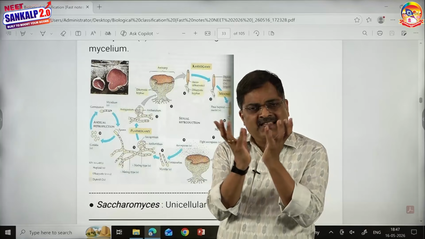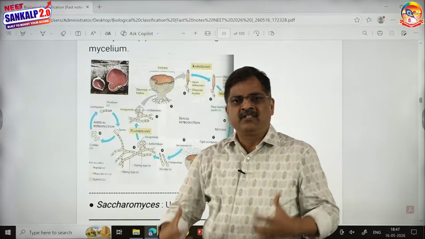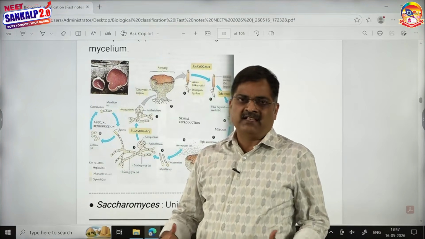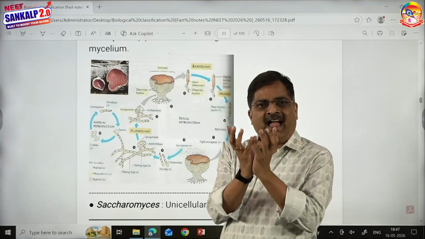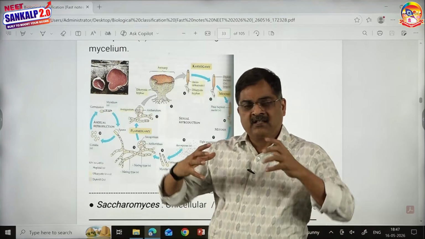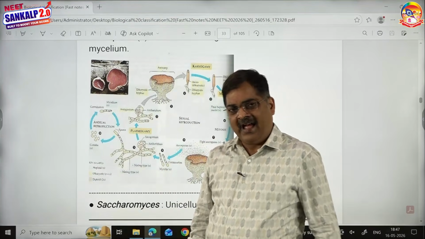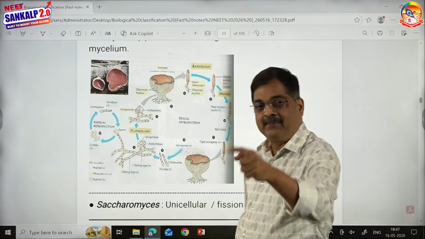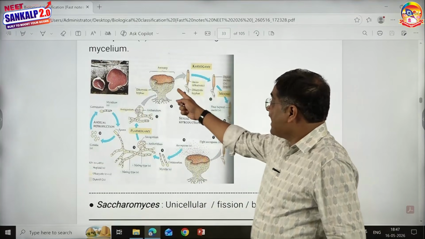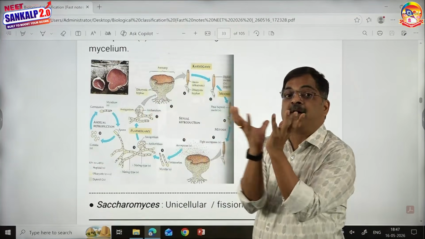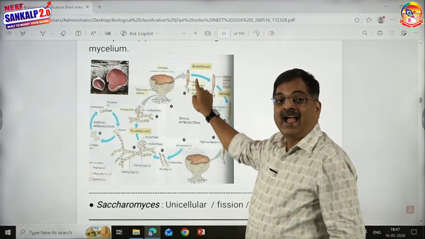It means that the ascocarp primarily is made up of dikaryotic mycelium. And the dikaryotic mycelium is forming a cup-like body, and that is said to be a mushroom. What happens later? Some cells, especially at the top of this mushroom, are long and sac-like.